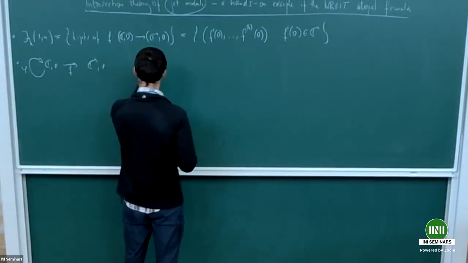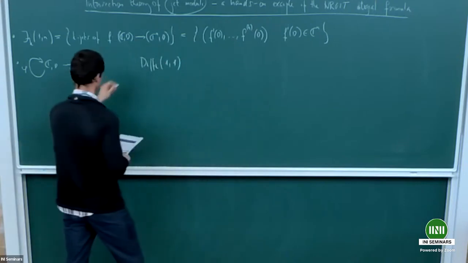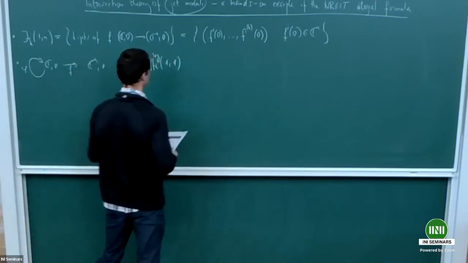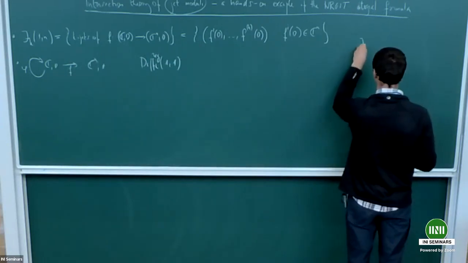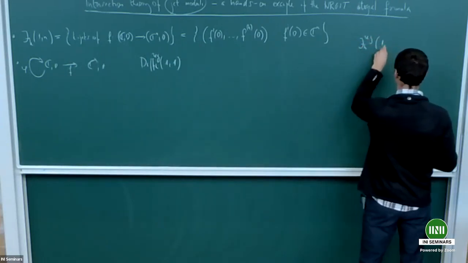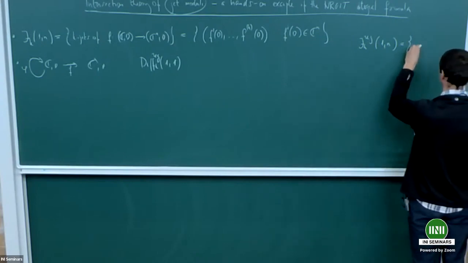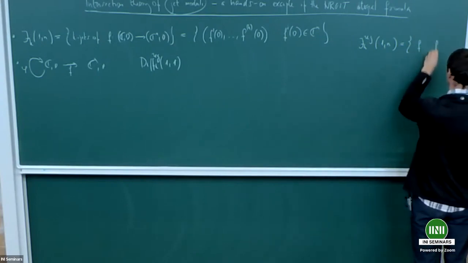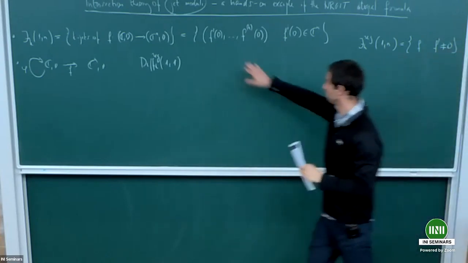So Diff_k(1,1), and actually the regular part means that f prime is non-zero, right? So the first derivative is non-zero. This first vector is non-zero.